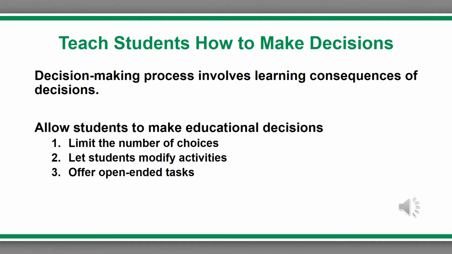So the decision-making process actually involves learning the consequences of your decisions. This is a life lesson. This is not just a PE lesson on how to make decisions. This is life. This is how it is.